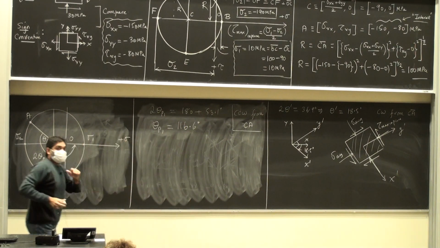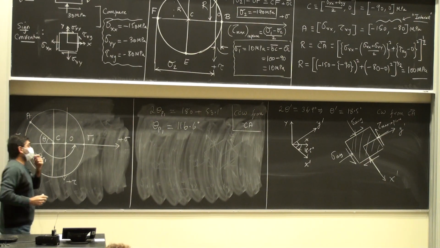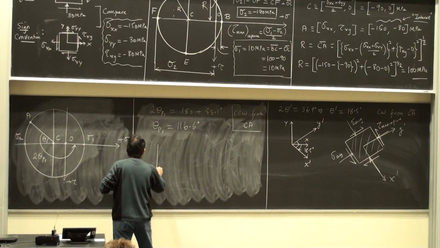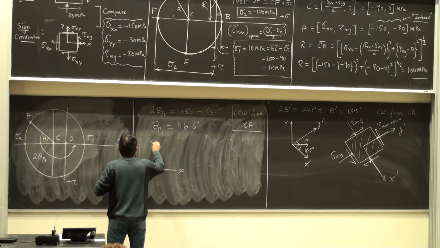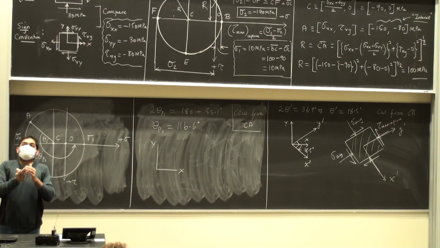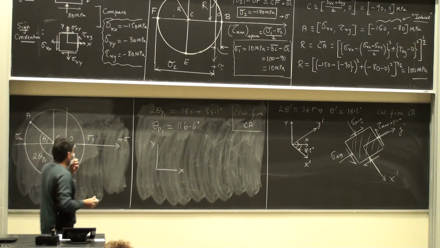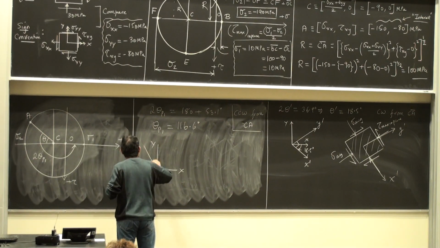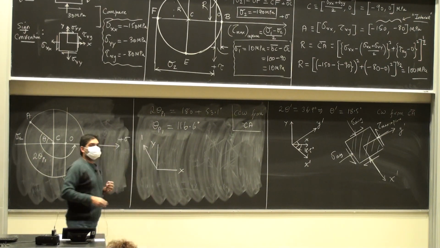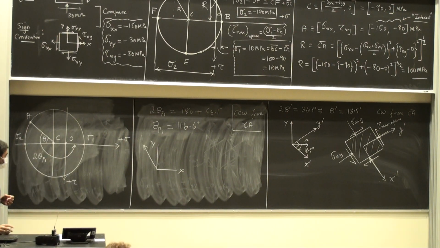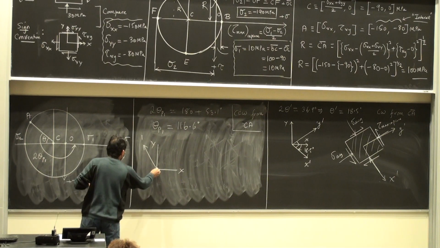Okay. Now I draw my axes. Start off with x and y. 116 degrees counterclockwise, because I'm going counterclockwise from the line CA all the way to sigma 1. So I'm going to be somewhere here. I'm going to call this my 1 axis. Perpendicular to that, counterclockwise, is my 2 axis.